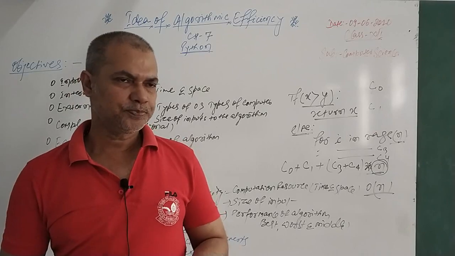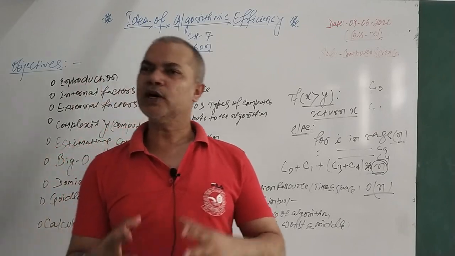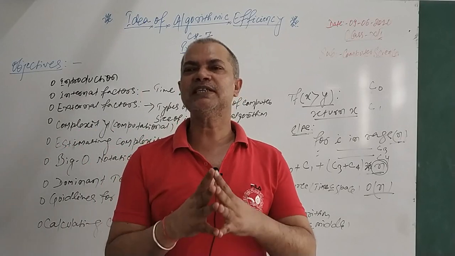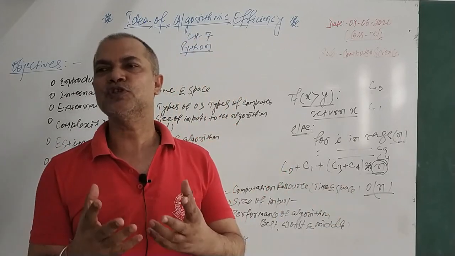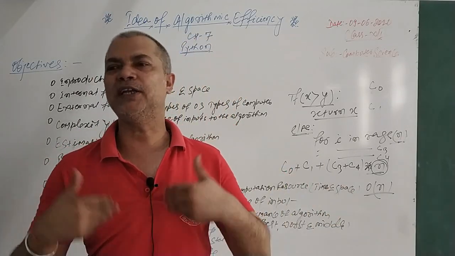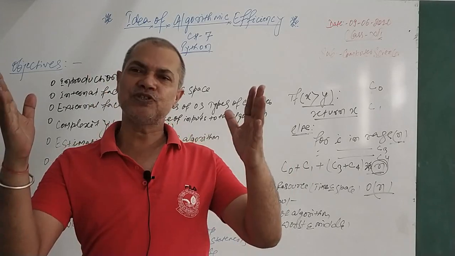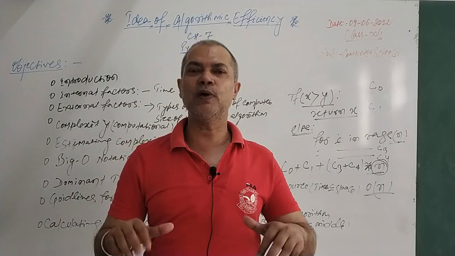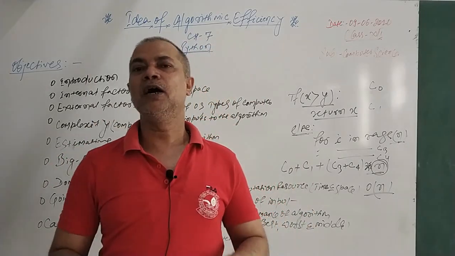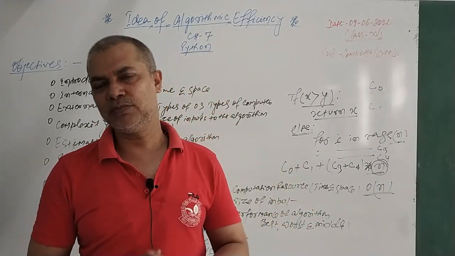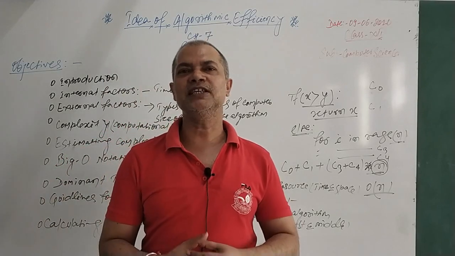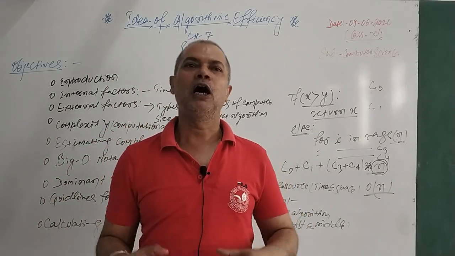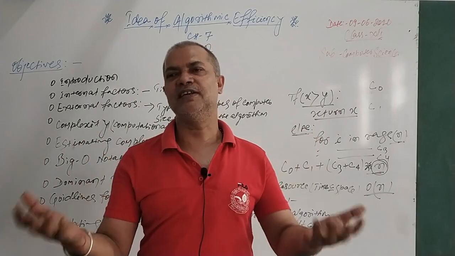So overall, what we have seen is what an algorithm is. An algorithm is a method or a procedure that helps us to write a program. A set of steps that we write in normal language to represent a program is called an algorithm, and we measure algorithm complexity on the basis of some factors, internal and external.